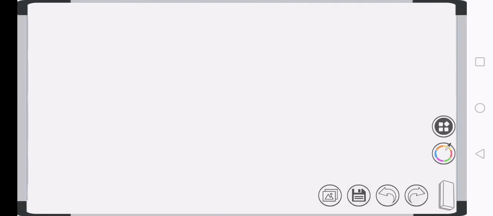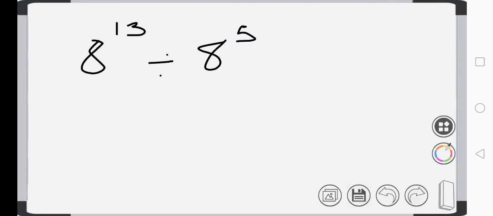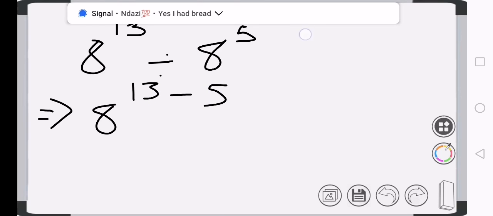Let's try out another one. Say you've got 8 to the power 13 divided by 8 to the power 5. Now, are the bases different? No, they are not. They are the same bases, 8. Now, we'll deal with the powers. So first we'll write our base there, which will be 13 minus 5.